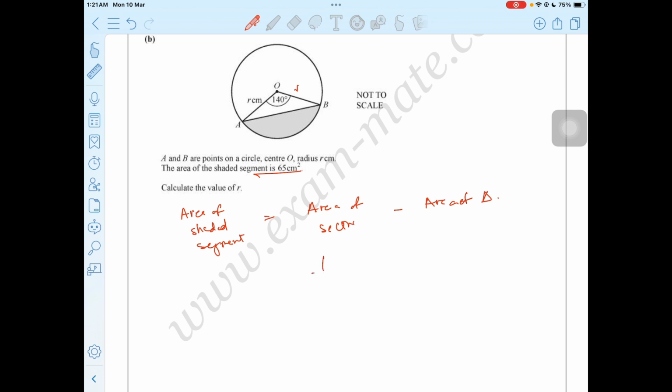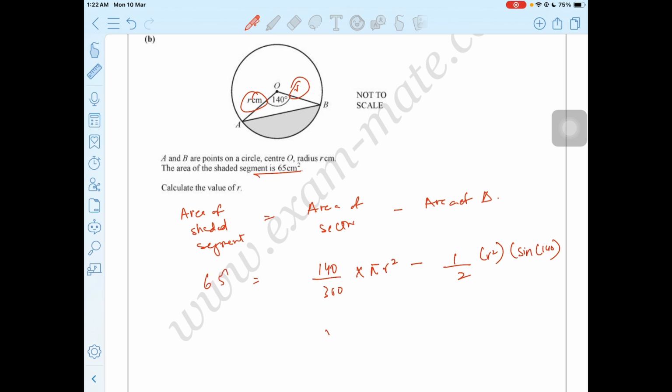So area of sector is 140 over 360 pi r squared, right? And area of triangle is 1/2 ab. A is R, and again this is R, so this would be R squared, and then sine 140, right? We have area of shaded segment as 65.